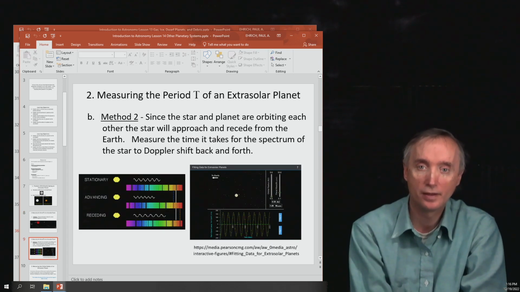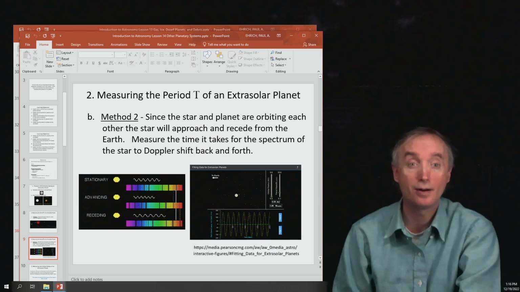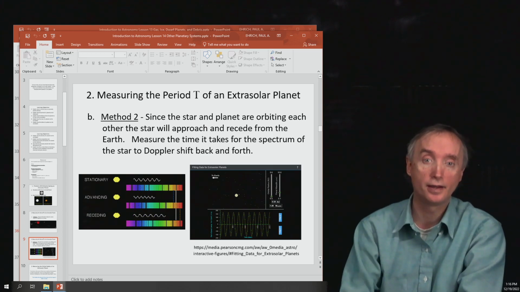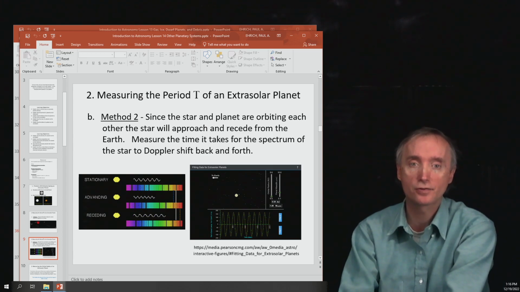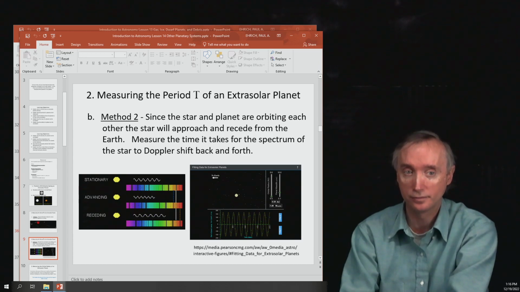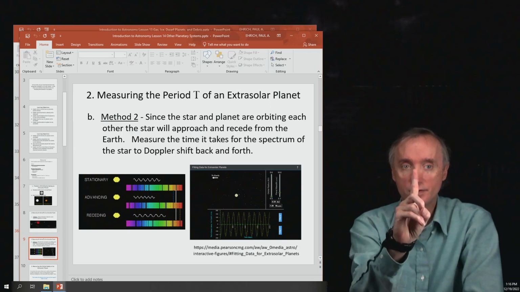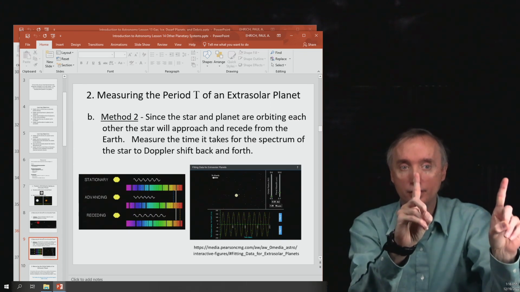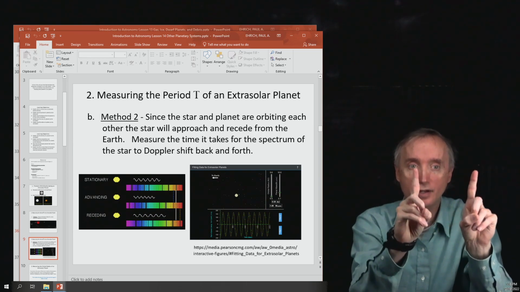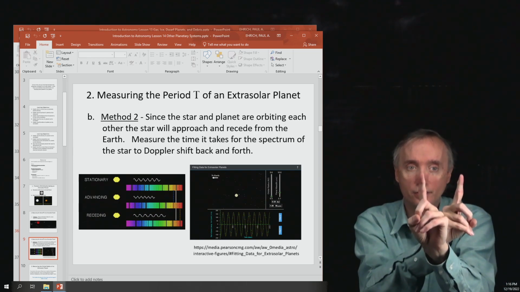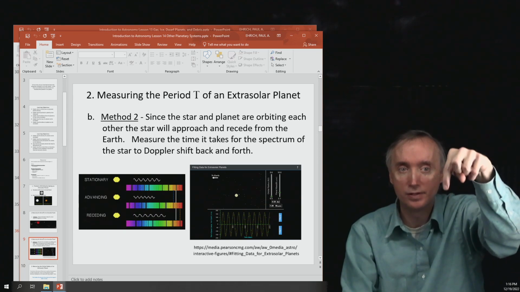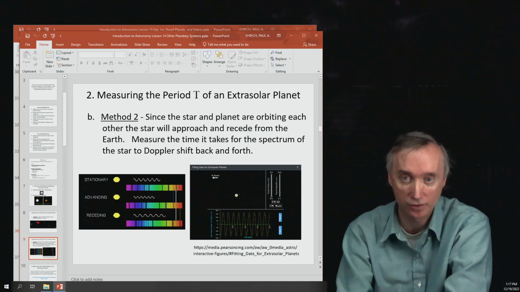Okay, there was another method, using the Doppler effect, by looking at the spectrum of light given off by the star, which is also orbiting. So it's not just that the star stays put and the planet goes around it. They're actually in orbit around each other, around their common center of mass in between the two.